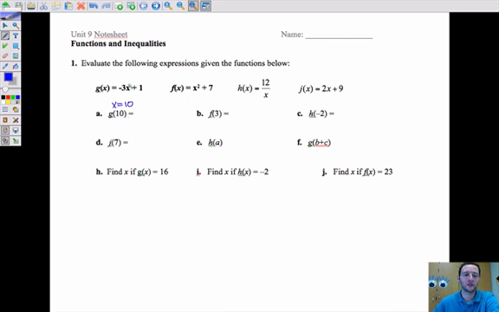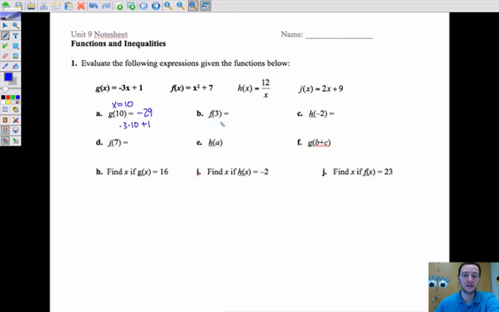And so all I do is plug in a 10 right here for x and evaluate. So that would be negative 3 times 10 plus 1. That's negative 30 plus 1 is negative 29.